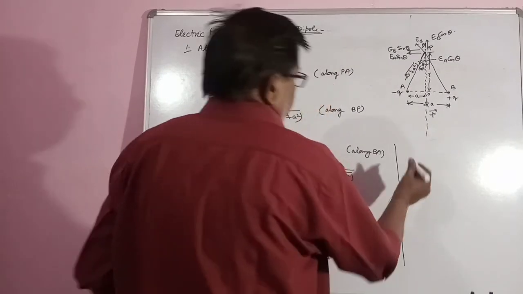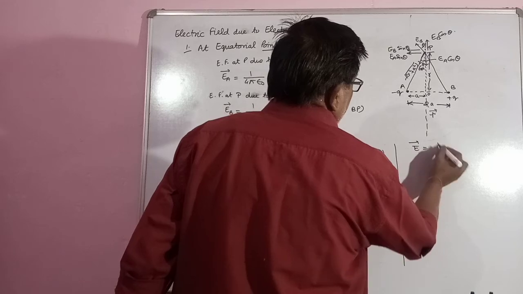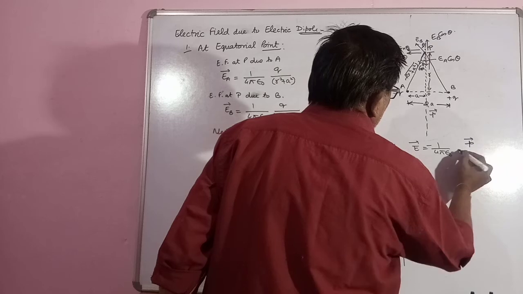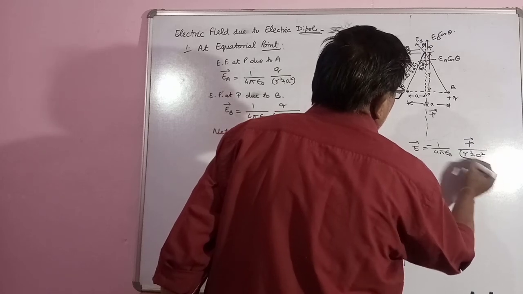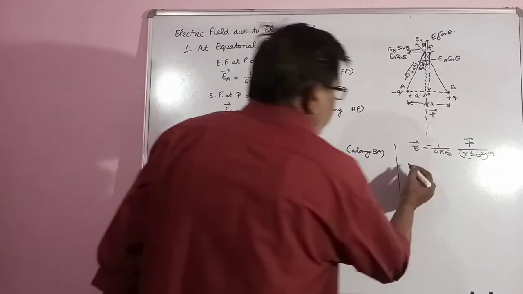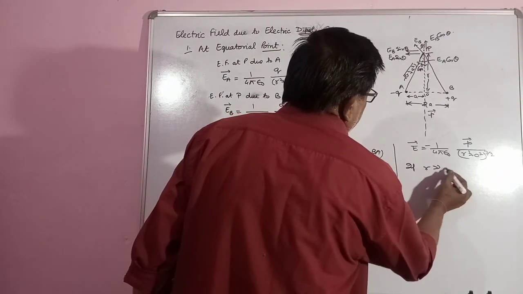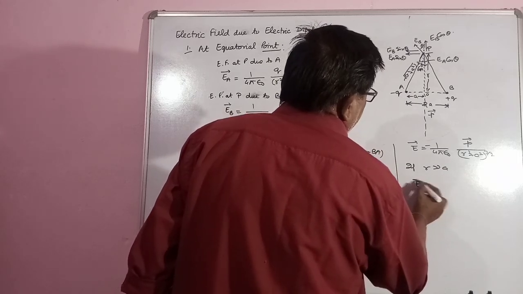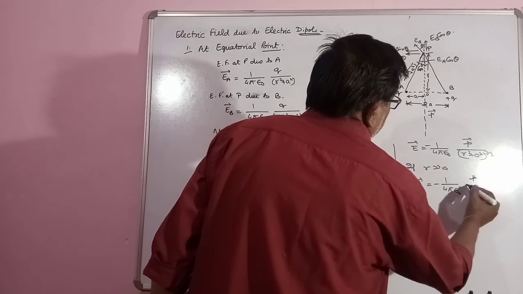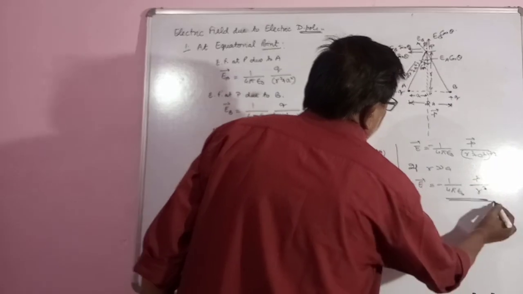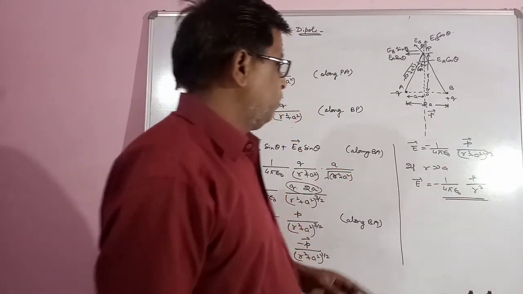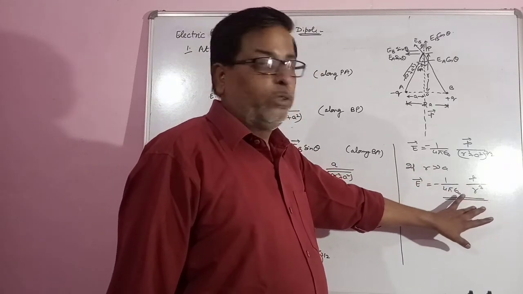Or we can write E vector equals minus 1 over 4 pi epsilon naught, vector P over R square plus A square to the power 3 by 2. Again, if R is much greater than A, then E will be minus 1 over 4 pi epsilon naught, P upon R cube. In the previous case, the axial line, it was 2P upon R cube, and here P upon R cube.